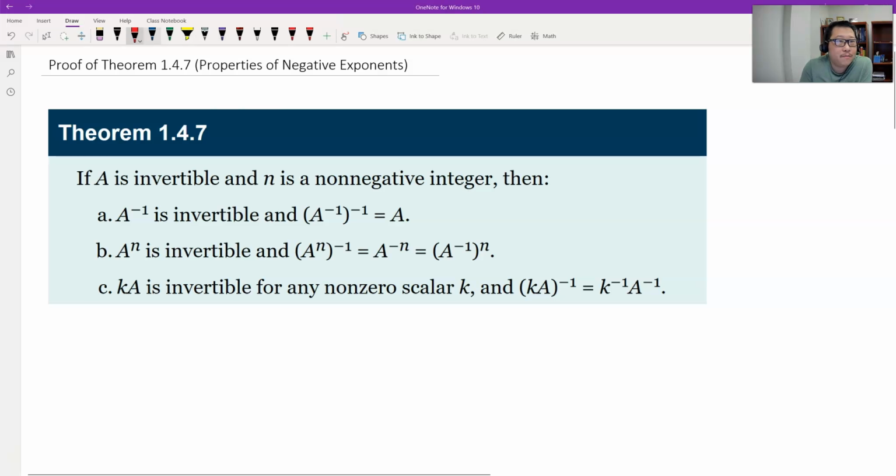The second is also like a power rule of exponents that we learned a long time ago.